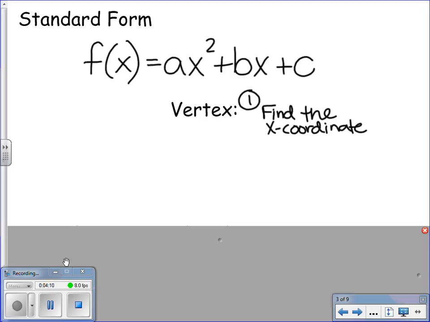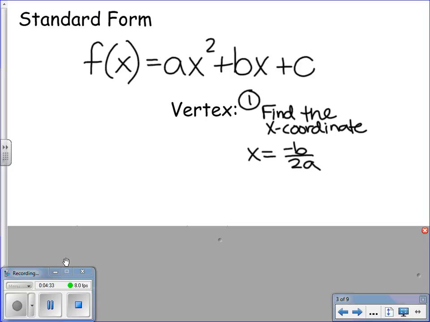I am going to give you the tool that you will use to find the x-coordinate, and that tool is x equals the opposite of b over 2a. So this is something you can put in your list of things to study. Got to know this. Okay.